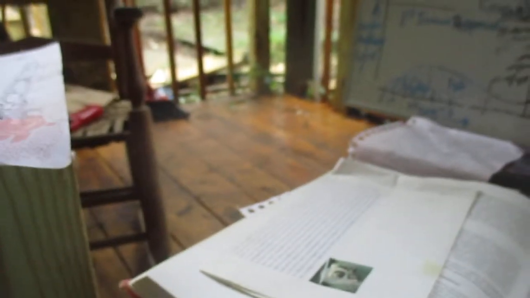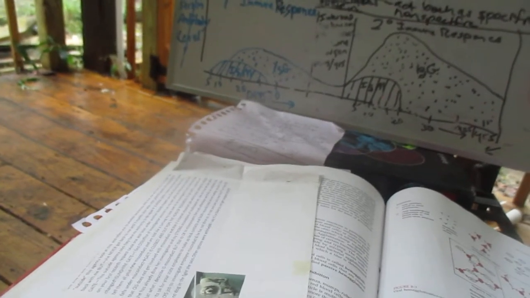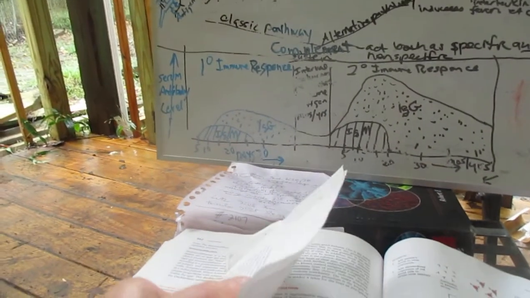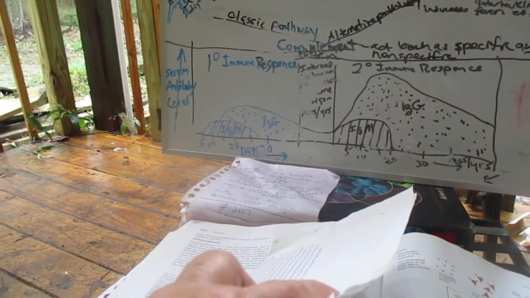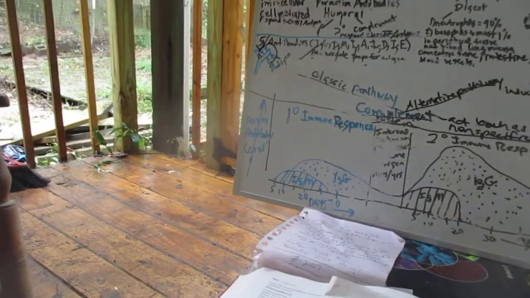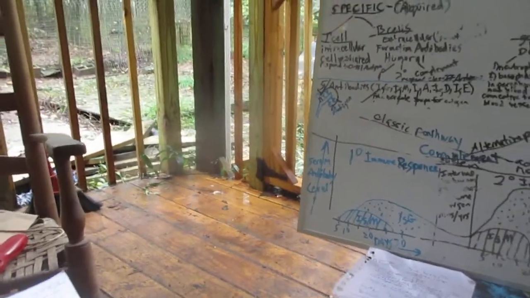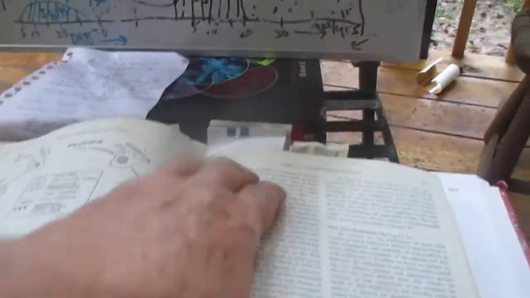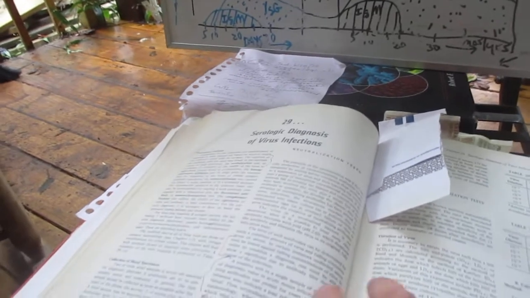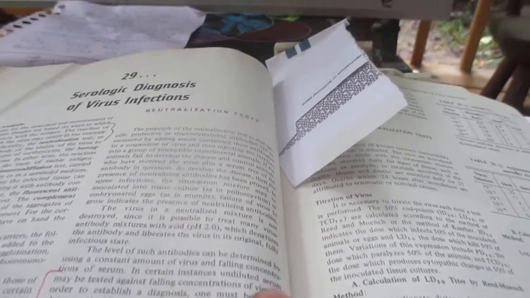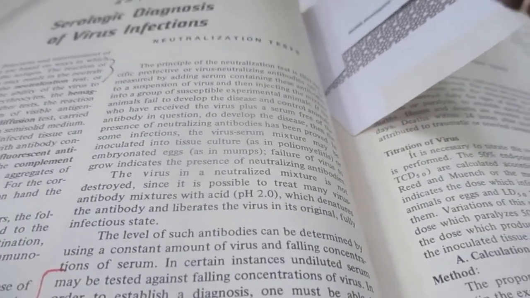And I wanted to also say that in the antibody titer test, which is a different test, the level of antibodies can be determined by using a constant amount of virus in following concentrations of serum.